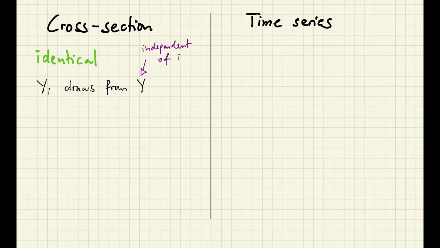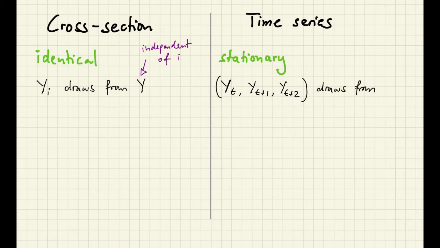For a stationary time series, we can take any segment of consecutive time periods. So let's take a segment of 3 consecutive time periods. We could also be taking just 1, 2, 3, 4 time periods, whatever number, but we continue looking at 3 as we did before. So let's take yt plus 1, yt plus 2, so now we have 3. And under stationarity, this draws from a population that does not depend on t.